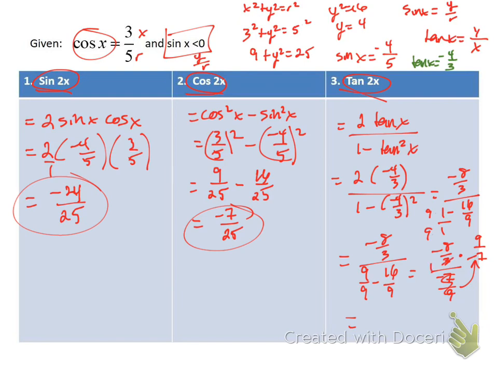Reduce here. So 3 goes into 3 once, into 9 3 times. So we get negative 24 over negative 7, which is just 24 over 7. Okay? And so there's the use of all 3 formulas. Everything else is going to stay the same. It's just being able to do the arithmetic.